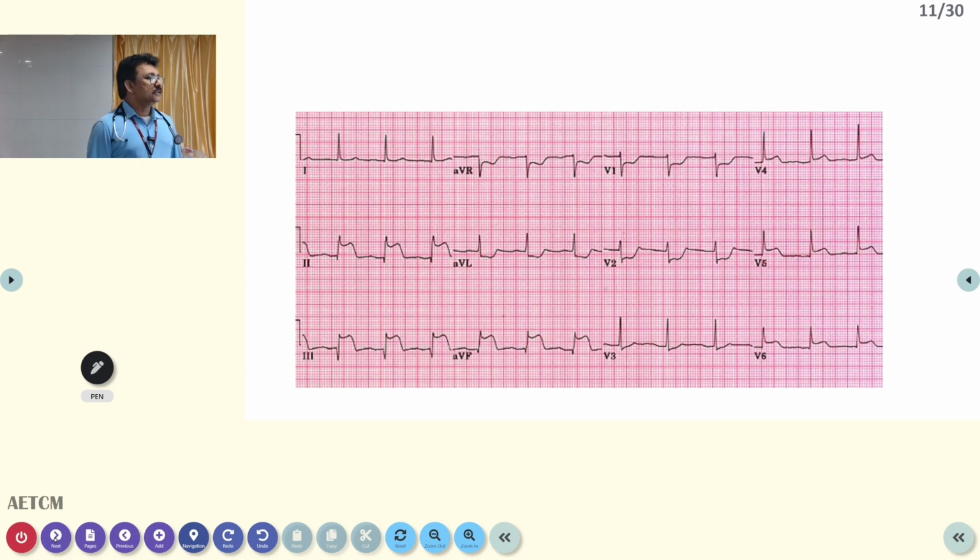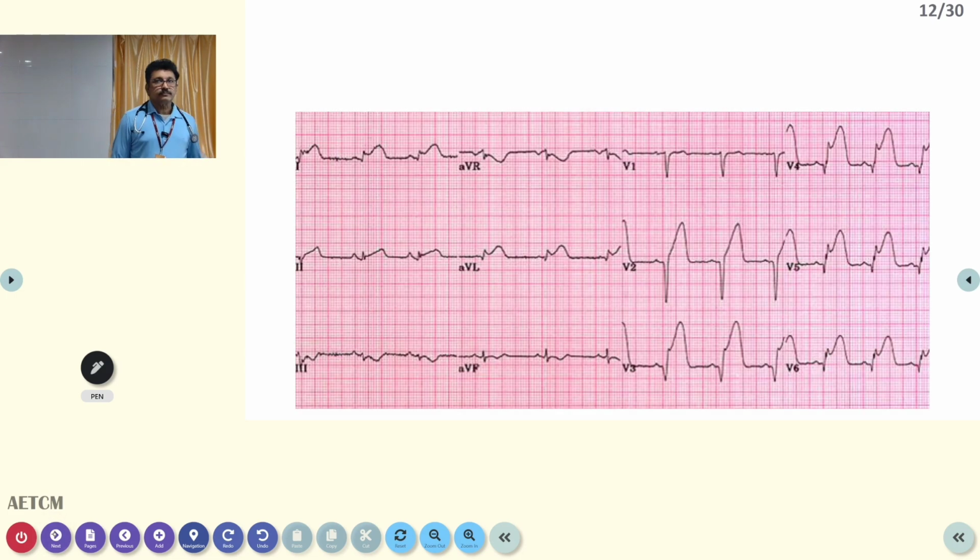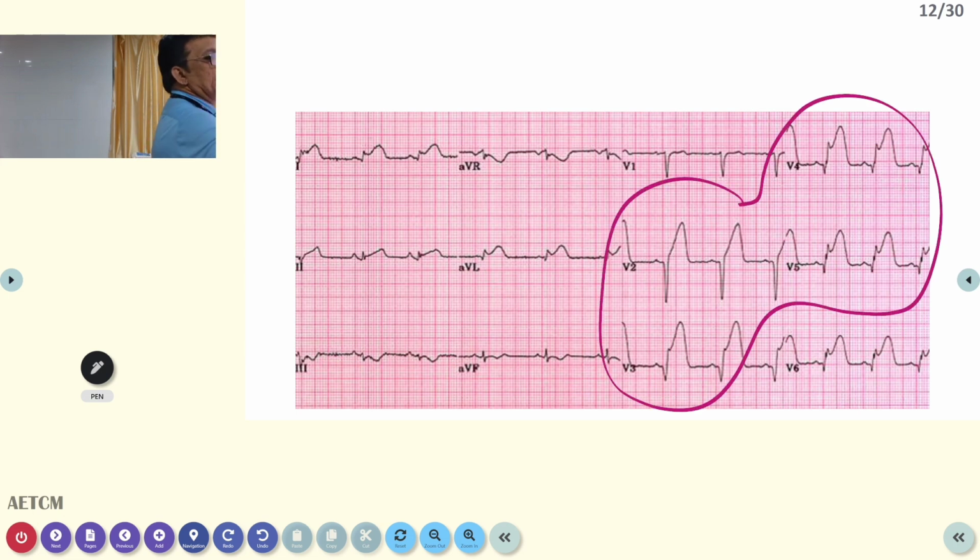Now this is an ECG where you are seeing ST segment elevation in 2, 3 and AVF. Simply you can make a diagnosis of inferior wall myocardial infarction. You are getting ST segment depression in V1, V2, V3 like that. So that is reciprocal change. Now here what you are seeing is ST segment elevation in V2, V3, V4, V5 and some V6 also. So that is extensive anterior wall myocardial infarction.